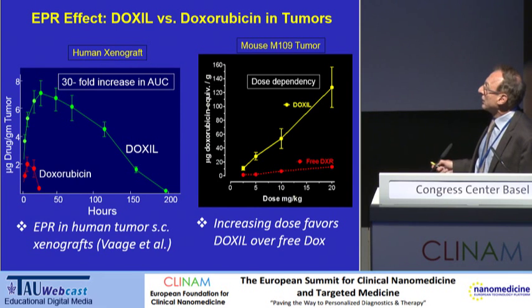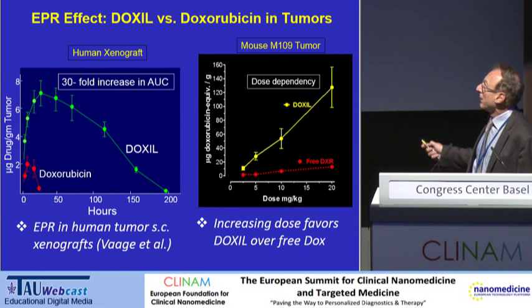As you see here, when you give a low dose, the delta in the tumor concentration between Doxil and free doxorubicin is very small, but when you start increasing the dose, there is a linear increase with this Doxil formulation that you don't see with free doxorubicin. So in the end, you get a much greater delta.